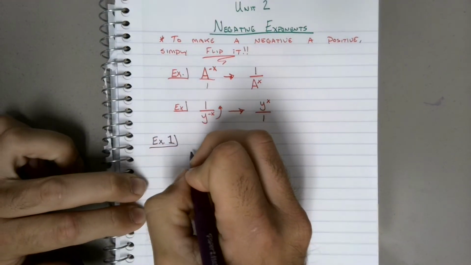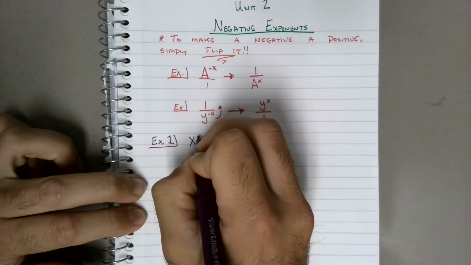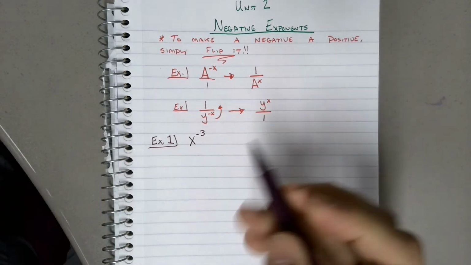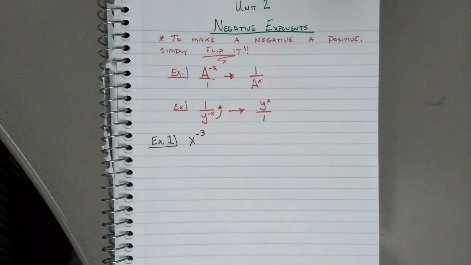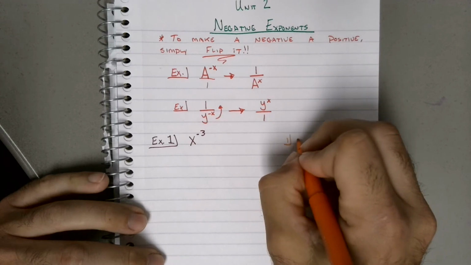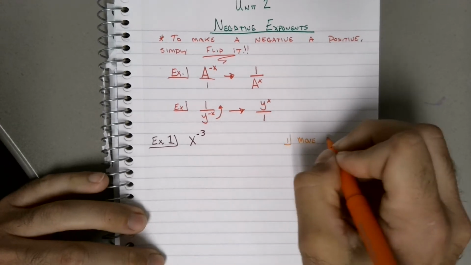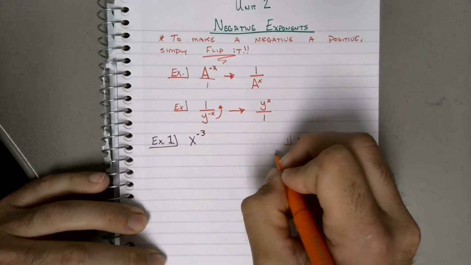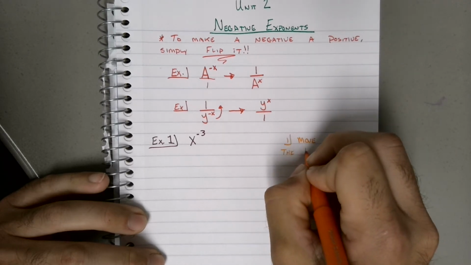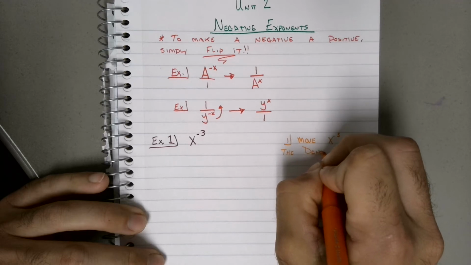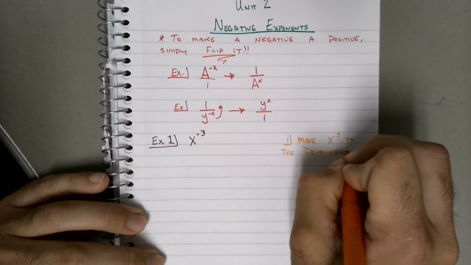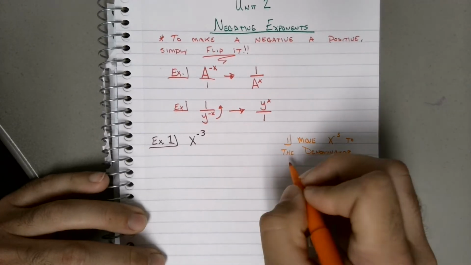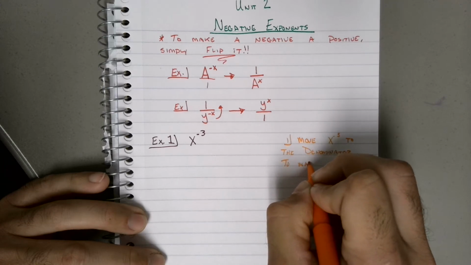Let's say I have x raised to the negative third power, and that has to be a positive exponent. Okay, how do we do it? All we do here is we're going to move x to the negative third to the denominator, which is the bottom, to make a positive exponent.